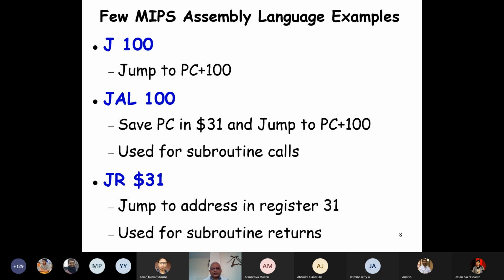Jump and link. This is the way we call subroutines. Here, our subroutine is stored 100 instructions down. What this instruction does is that when we call jump and link, it not only jumps to PC plus 100 like J 100, but also saves the current PC value in register 31.